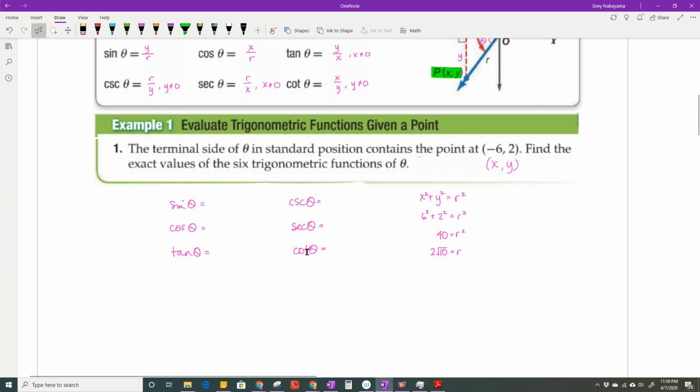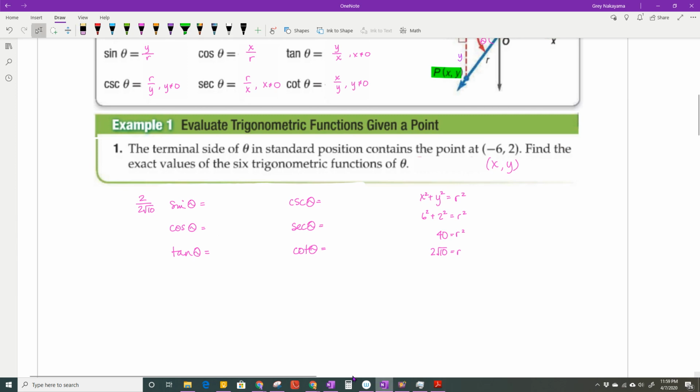So what is the sine? The sine is y, which is 2, over r, which is 2 square roots of 10. So I would encourage you to go ahead and write that over here. I wrote it right there: 2 over 2 square roots of 10.